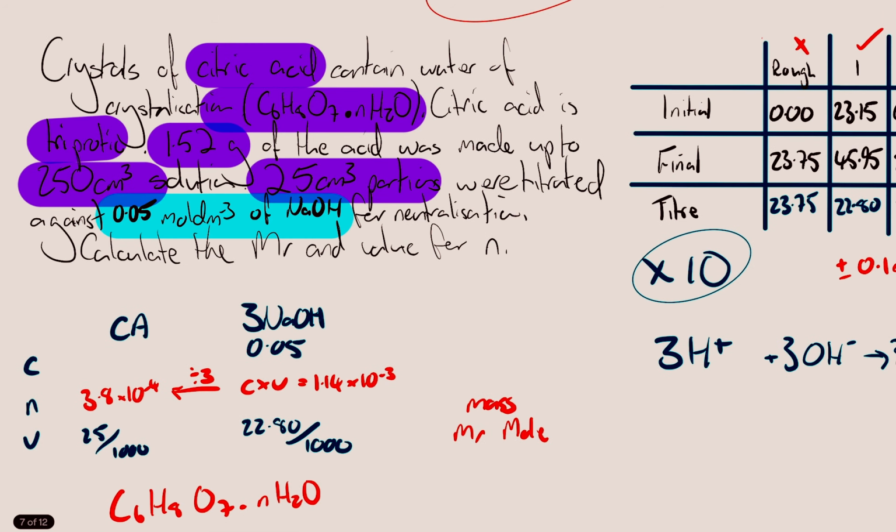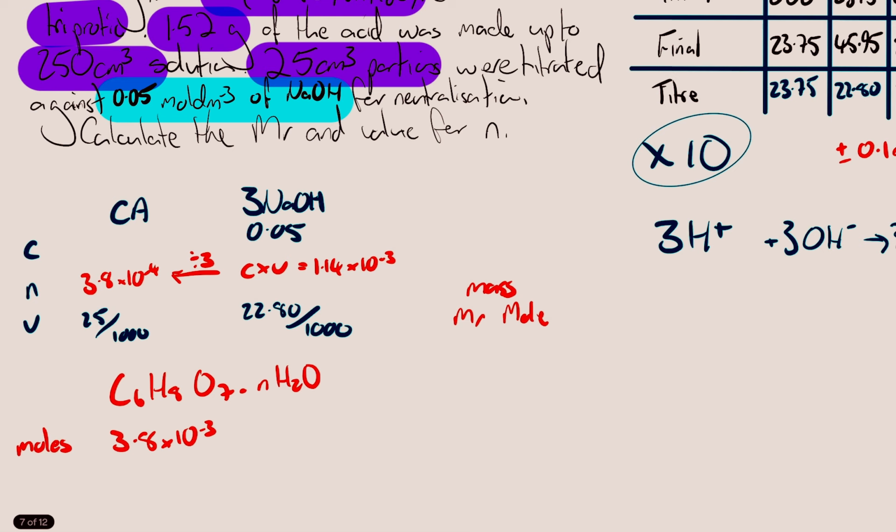The mass we were given up here, 1.52. So our Mr is going to equal our mass divided by our mole. And there we get to 400. So that's part one done. We've got our Mr for this.